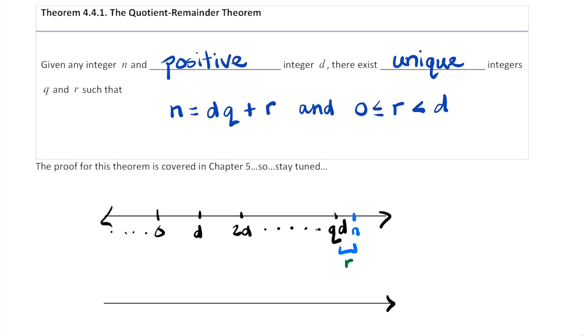On the other end, you'll have something along these lines. You have to be careful because q can be positive or negative. Q can be negative, n can be negative, but our divisor is set to be positive.